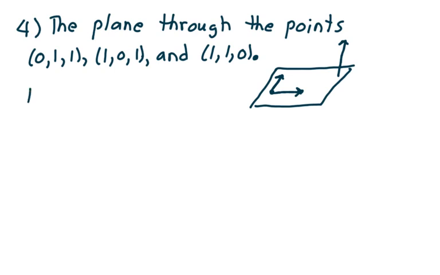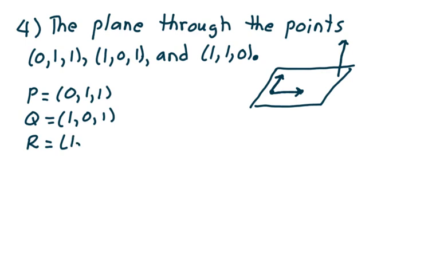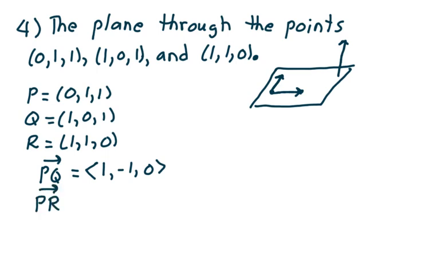And so here, I'm going to let P equal the point (0, 1, 1). Q is the point (1, 0, 1). And then R is the point (1, 1, 0). So PQ is the vector, remember, terminal minus initial, so it's (1, -1, 0), okay? And then PR is the vector (1, 0, -1).